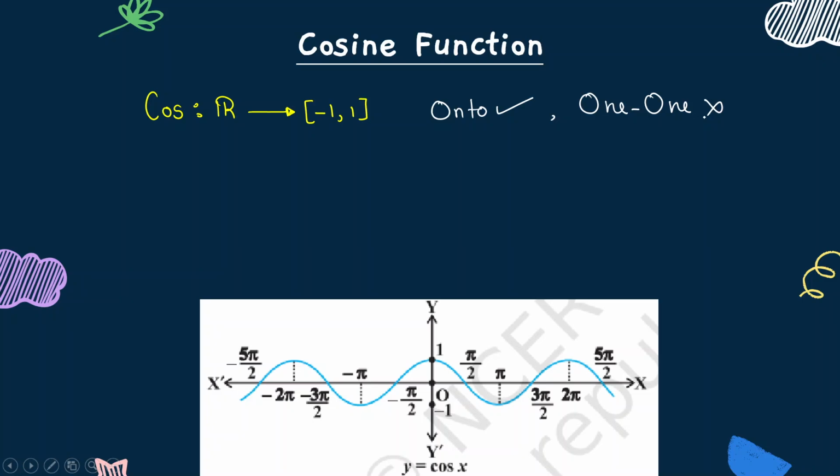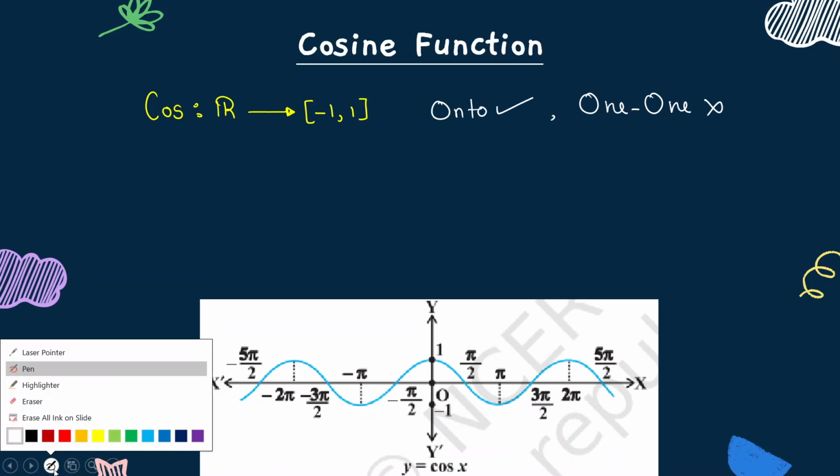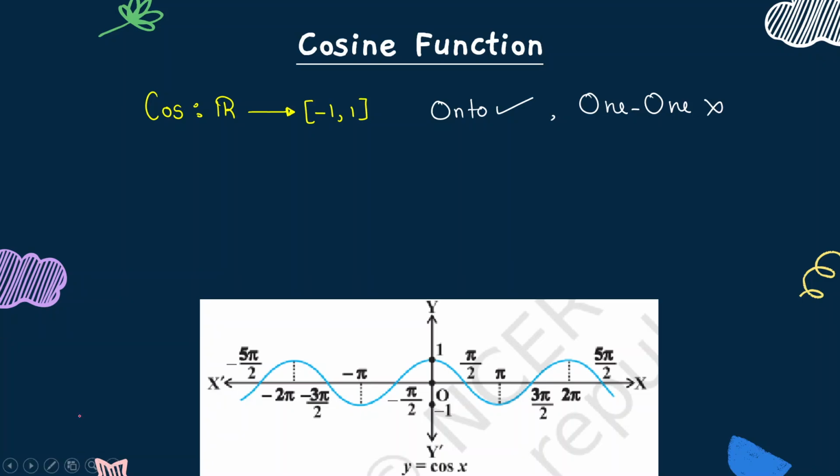Since the function is not 1-1, it cannot have an inverse. To make the function 1-1, we need to consider one of the branches, that means one segment of the domain. Starting from 0, it takes all the values till pi, covering from 1 to minus 1.